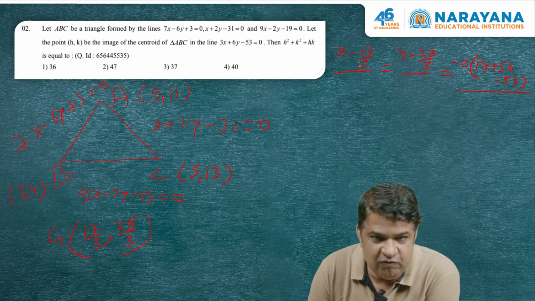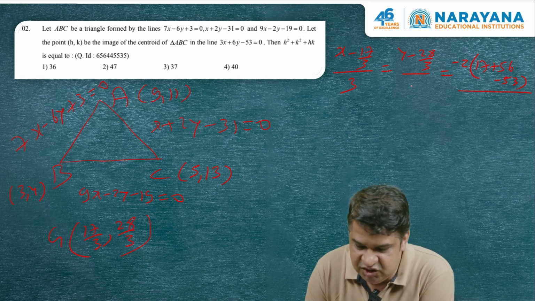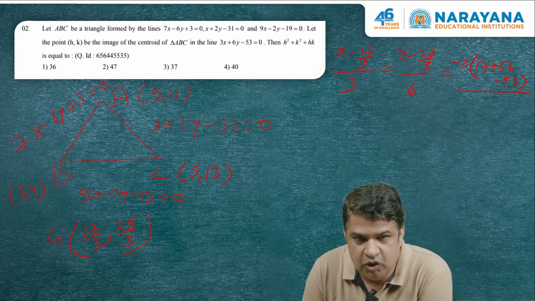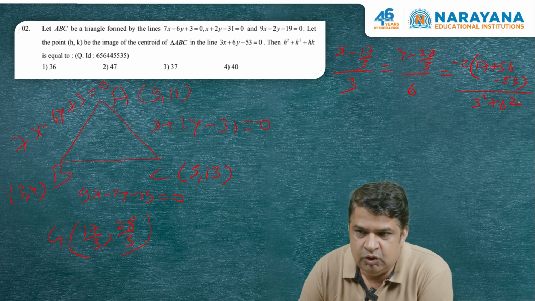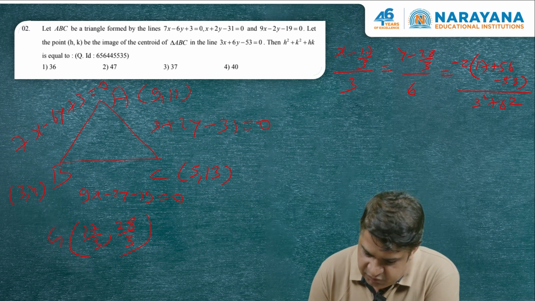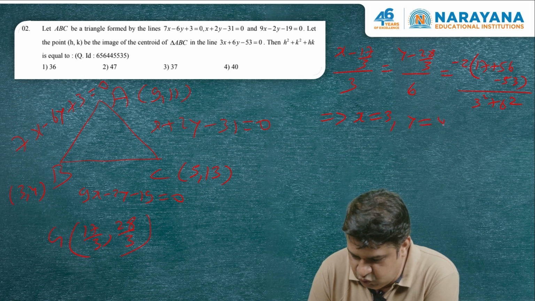The denominator of x minus x1 is a, of y minus y1 is b, and the bottom is a square plus b square. When we simplify it, finally we get x equal to 3 and y equal to 4.